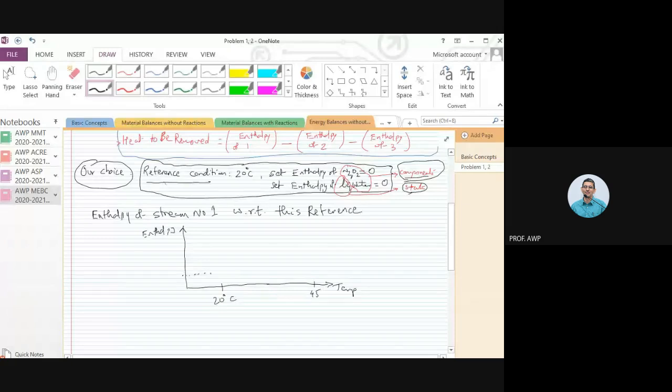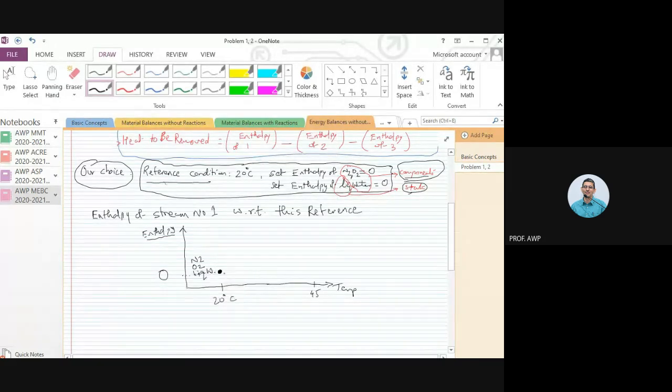Now we are setting a value 0, just like we set potential energy to 0, either on the ground floor or on the floor of our house. Now we are going to write values on the axis of this enthalpy. We are going to say at 20 degrees centigrade, nitrogen in the gas state, oxygen in the gas state, and liquid water have 0 enthalpy.